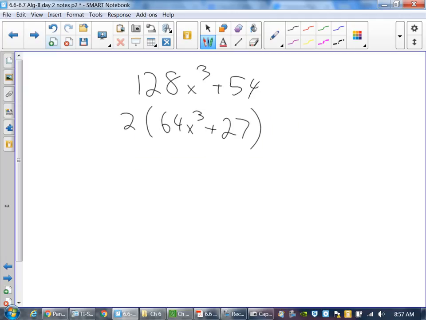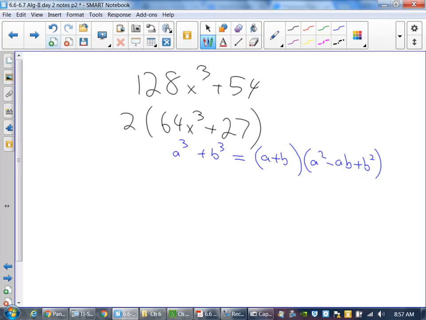So now, remember how we did this the other day? The sum of cubes was that a cubed plus b cubed equals a plus b, a squared minus ab plus b squared.